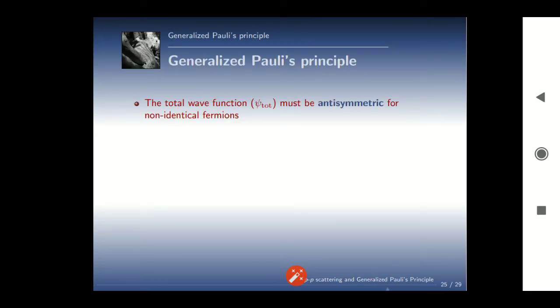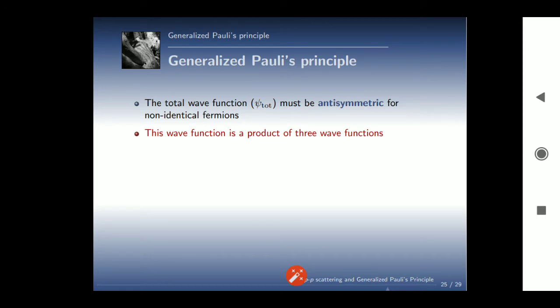Now, generalized Pauli's principle says that the total wave function must be antisymmetric for fermions, whether it's for one particle or two particles, for nucleons, for atoms, for other fermions. So this generalized Pauli's principle holds good only for nucleons because the nucleons have isotopic spin, a new quantum number.